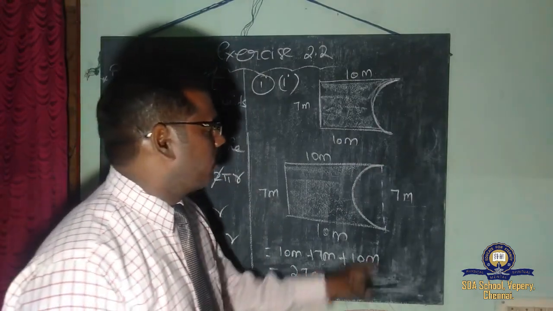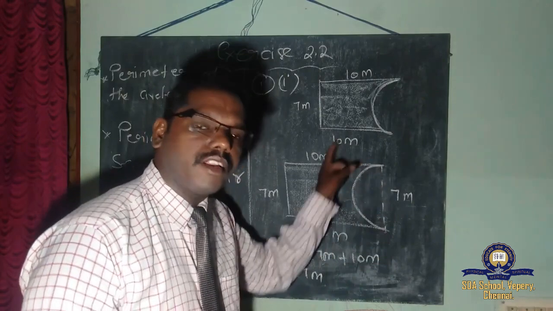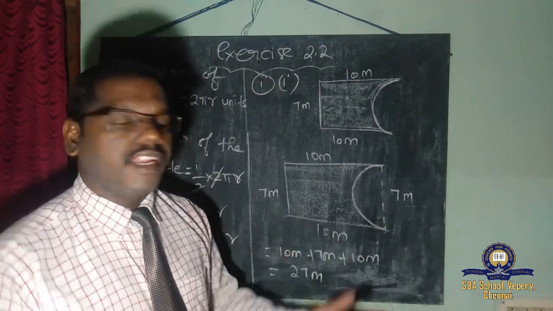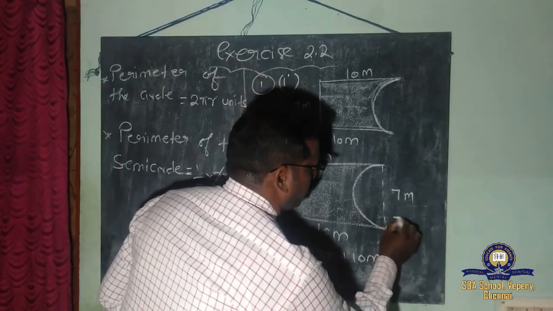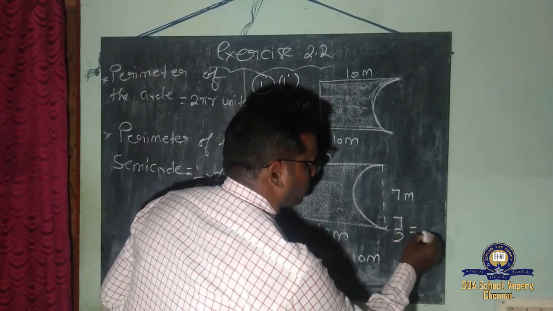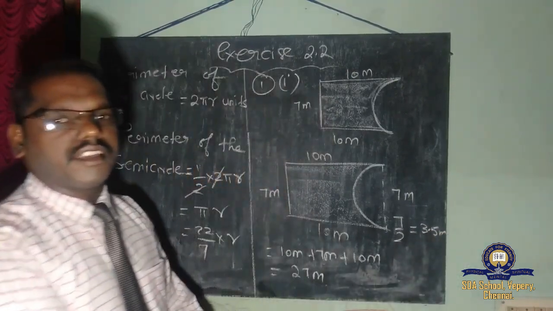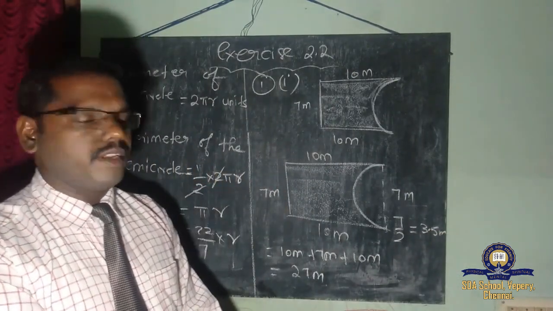Look at this carefully. This line will be the diameter of the semicircle. So what would be the radius? Radius would be 7 by 2, which is equal to 3.5 meters, isn't it? Radius will be 3.5.